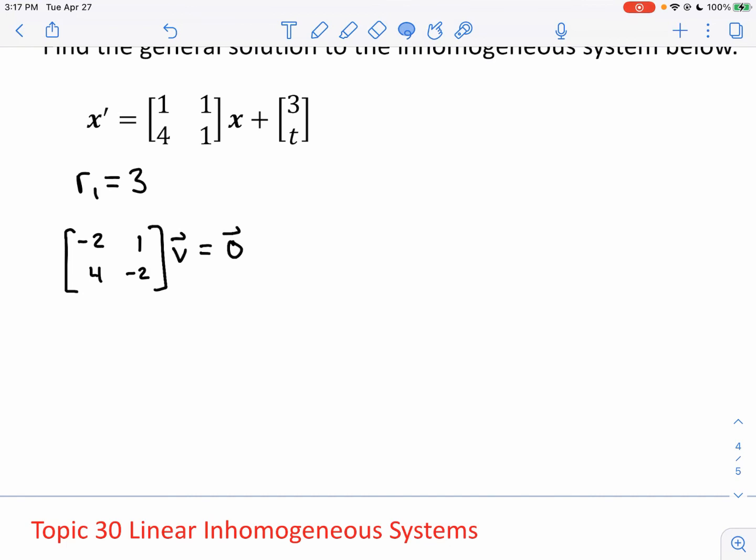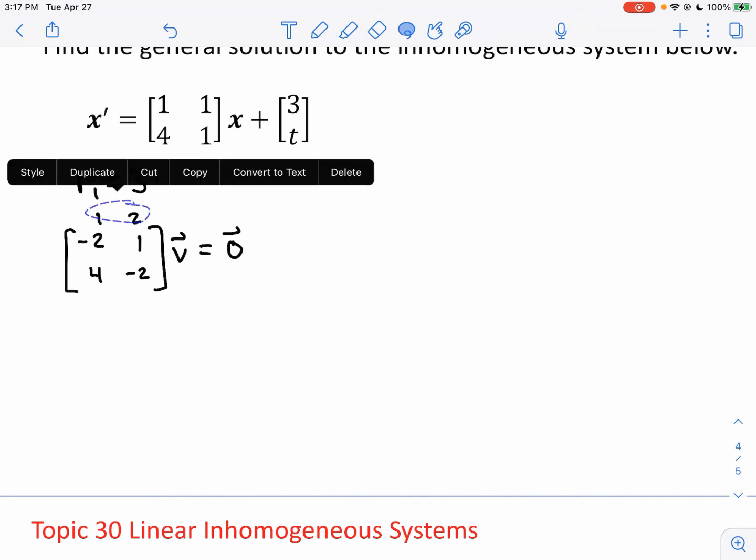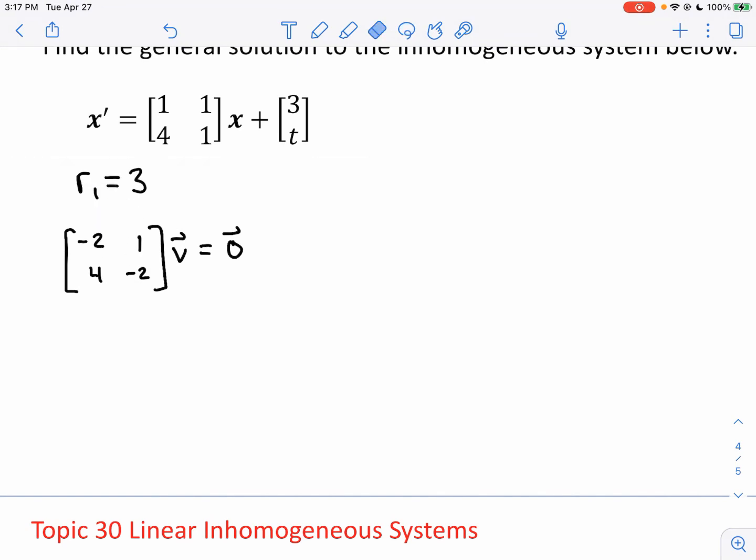For example, if I have only one of those, I would need 2 1s, right? So I'm thinking that 1, 2 might be a vector that's going to work here, right? Because 1, 1, 2, drop it down. That will give me 0. We'll multiply corresponding entries and add the results. And that also zeroes out the bottom one too. So right away, I can see that one solution to this, we'll call it eigenvector 1, is going to be 1, 2. That'll be good enough.